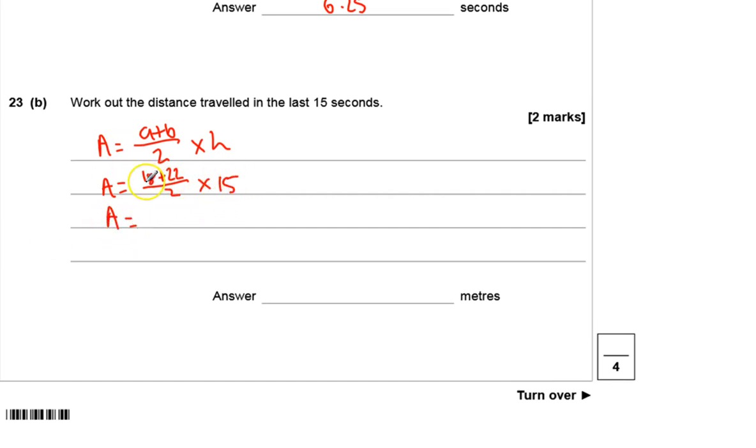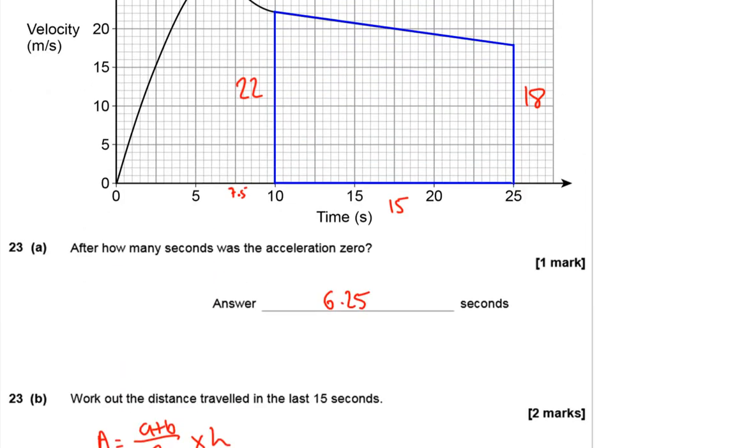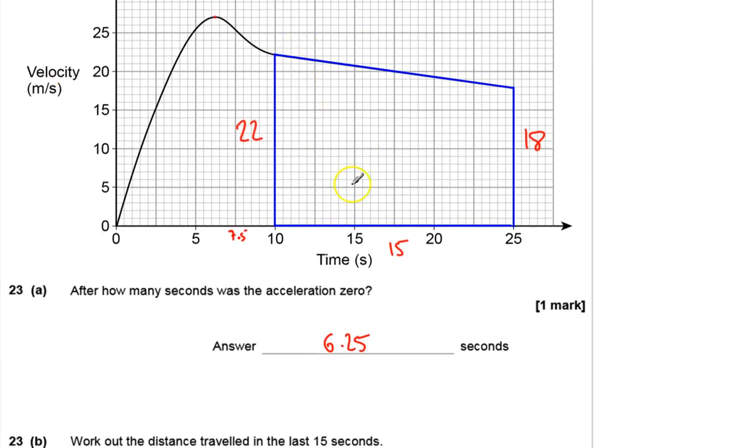So that tells me my area is going to be 40 divided by 2, which is 20, times 15. That's equal to 300, and it's the distance that's travelled, so it's going to be 300 meters. So my answer is 300 meters, and that is the area of that trapezium, and therefore the area under that curve.